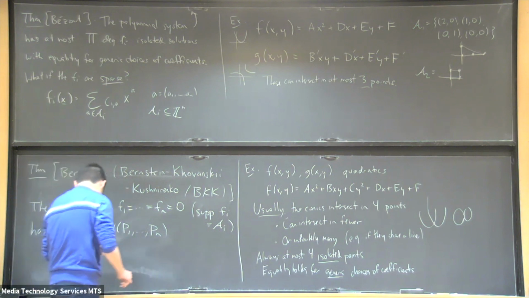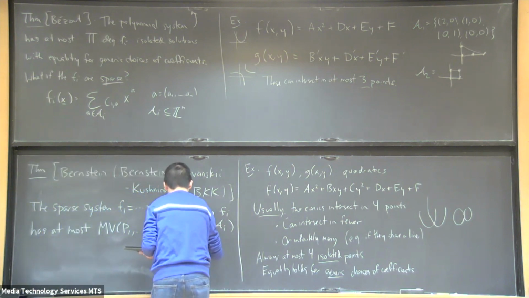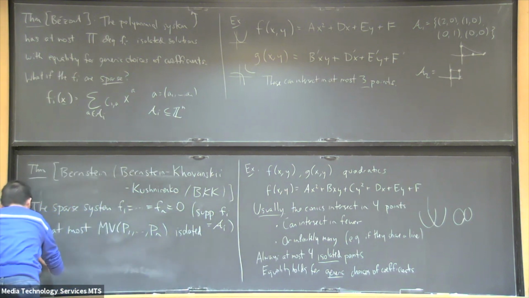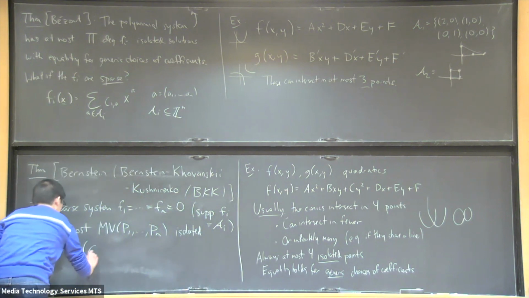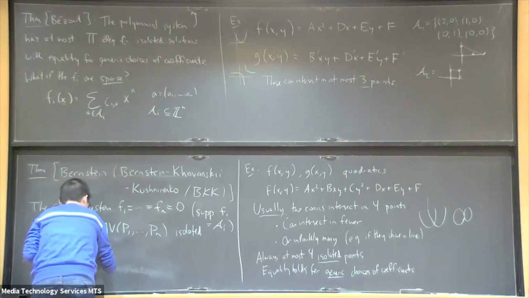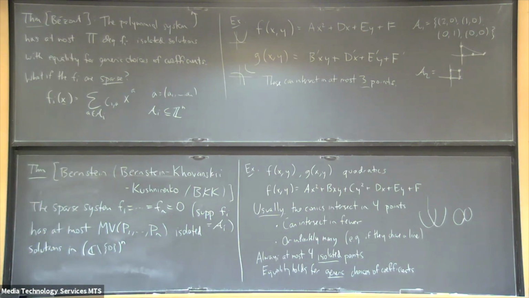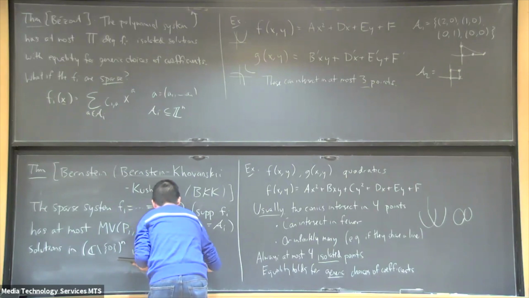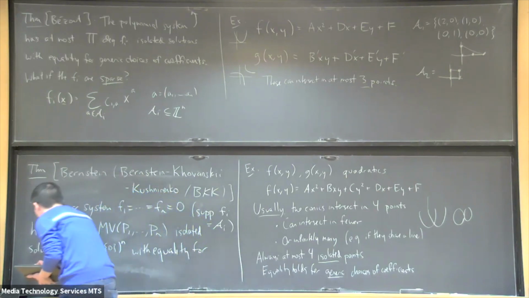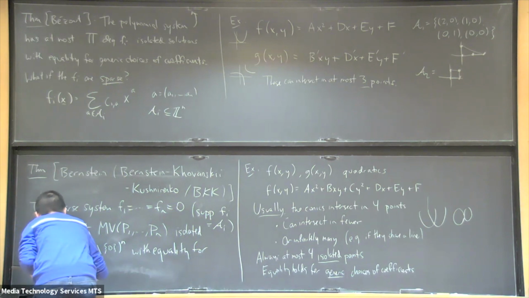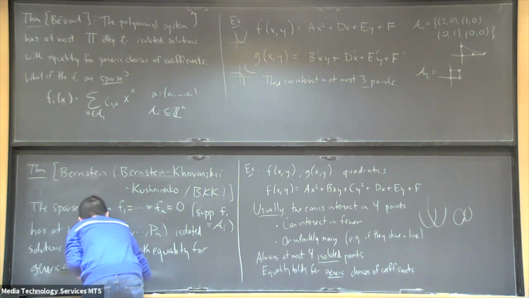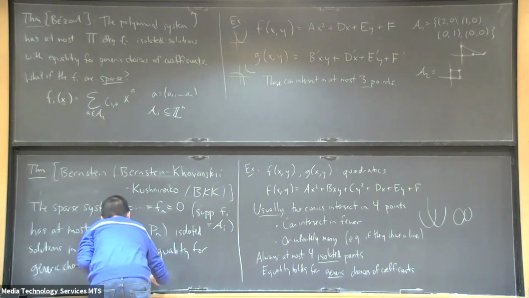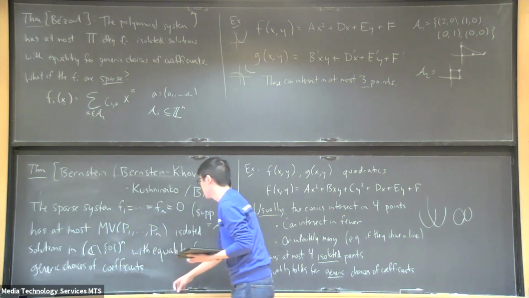It has this many isolated solutions in (C minus 0)^n. Again, this is only counting non-zero solutions, with equality for generic choices of coefficients. And so let me explain what this number is.